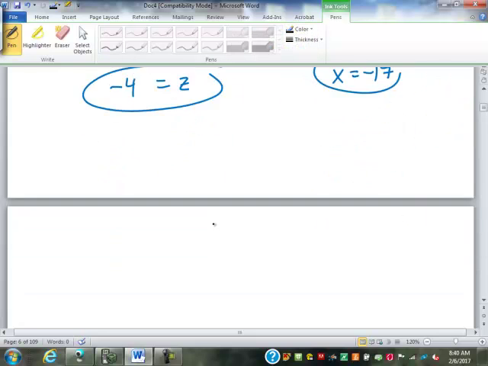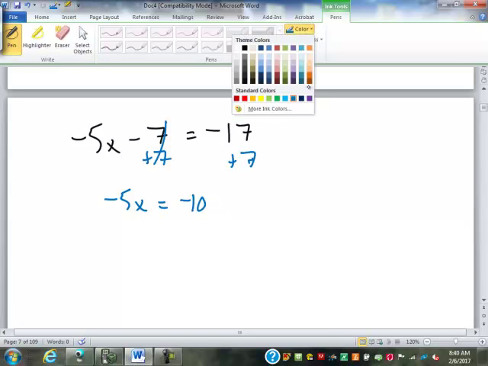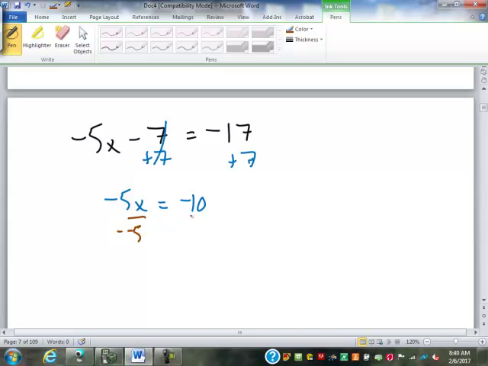So what if we step it up? What do you do with something like this? We're going to add 7 first. So negative 5x equals negative 10. Very good. Divide by negative 5. So x equals 2.